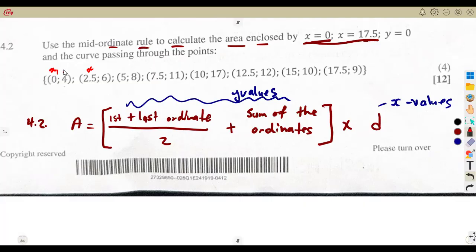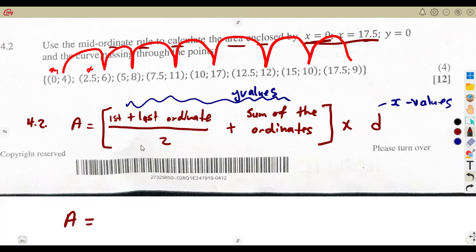The y values are 4, 6, 8, 11, 17, 12, 10, 9. These are the y values. So if we are saying the first plus the last ordinate there, what is the first ordinate for the y values? That's a 4. Plus the last ordinate of the y values, which is what? A 9. Over 2.